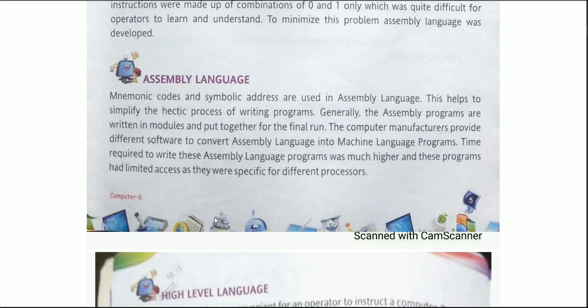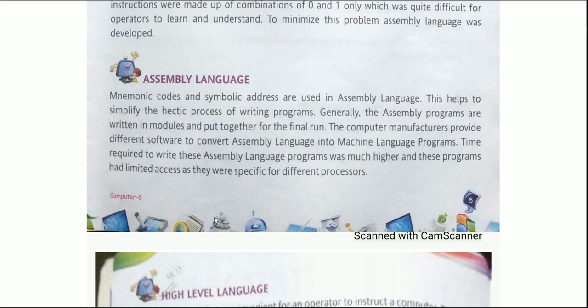This helps to simplify the hectic process of writing programs. Previously you were writing programs in the form of ones and zeros, but now you are writing programs in terms of characters, that is A, B, C, D up till Z. So anyhow the task is easier now. In assembly language the task is much easier.